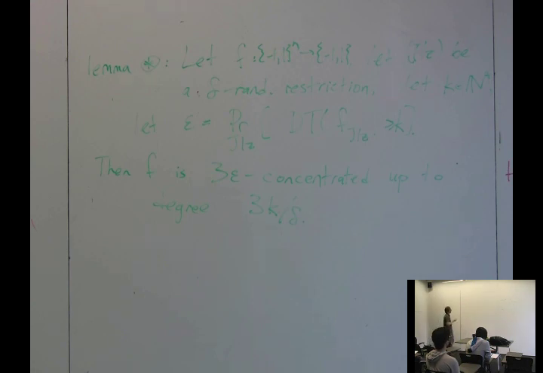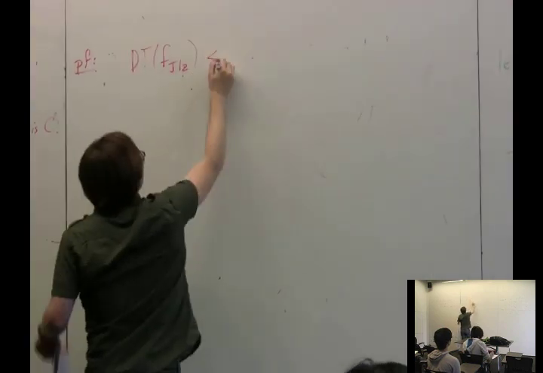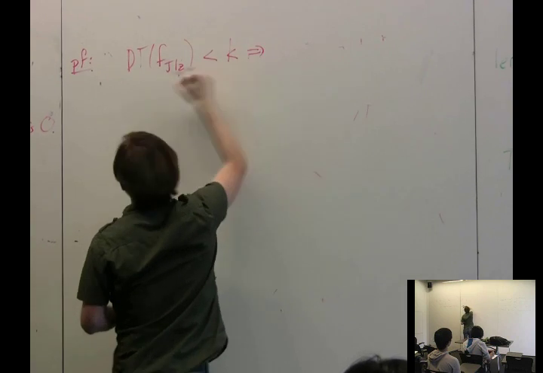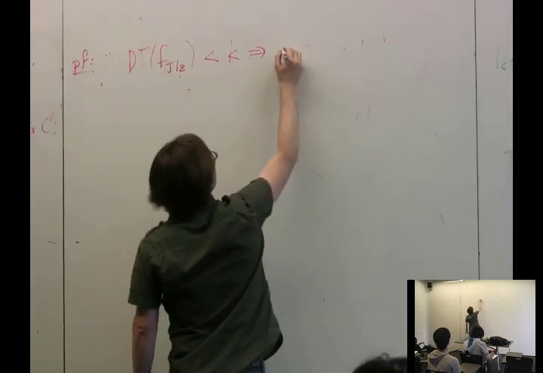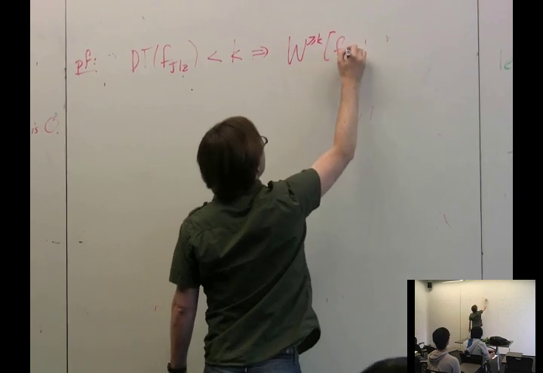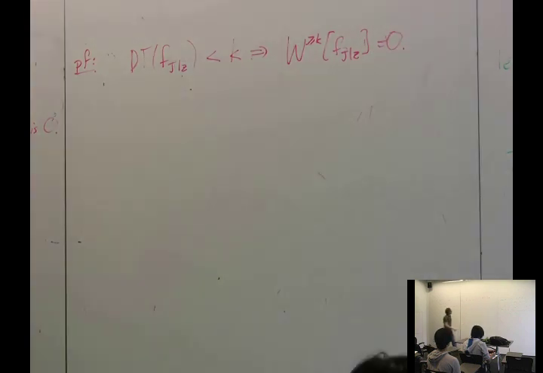All right, so to prove this, suppose you do a restriction, and the decision tree complexity is less than k. Then by this observation, we know that the weight above level k of the restricted function is 0, because it has degree strictly less than k.